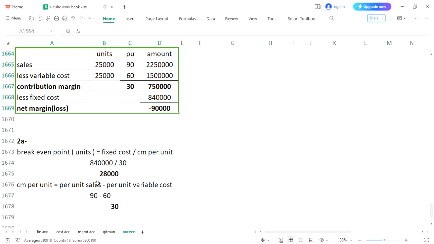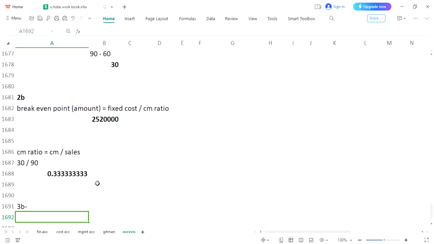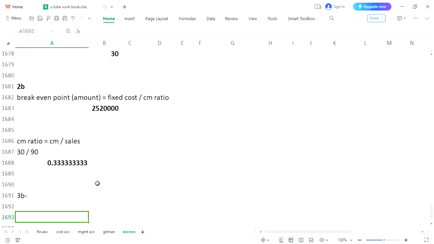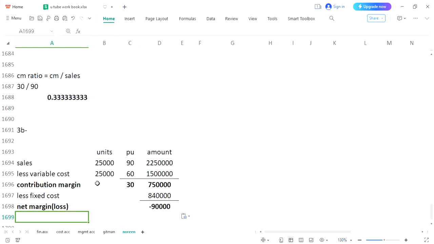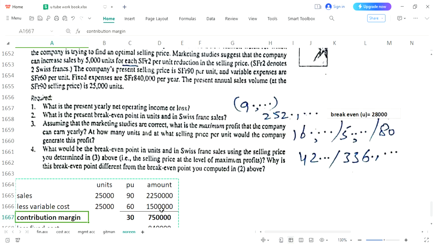For the time being, I am using these headings which have already been used, just to save time, since we are putting different numbers of units to calculate it. Okay, now as you know, at 25,000 units with a 90 per unit sale price, you are facing a loss. So what is the marketing strategy?